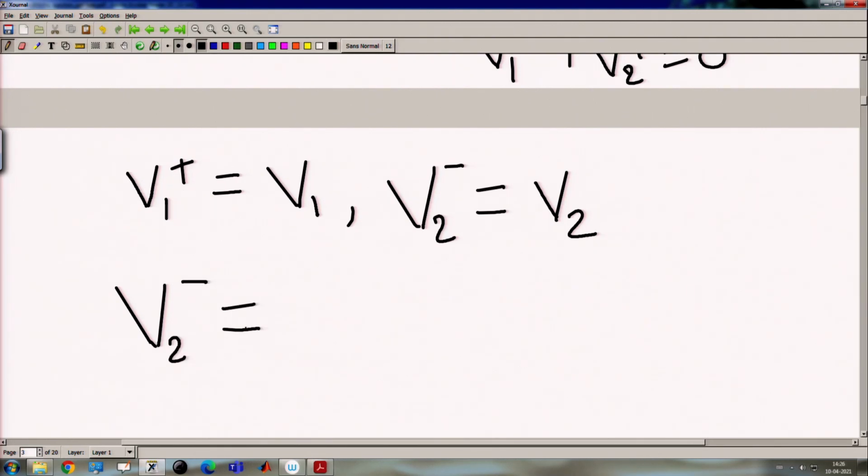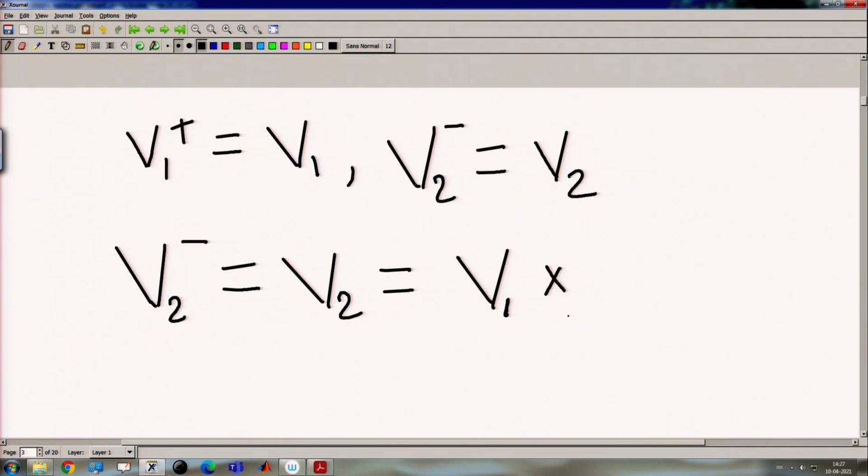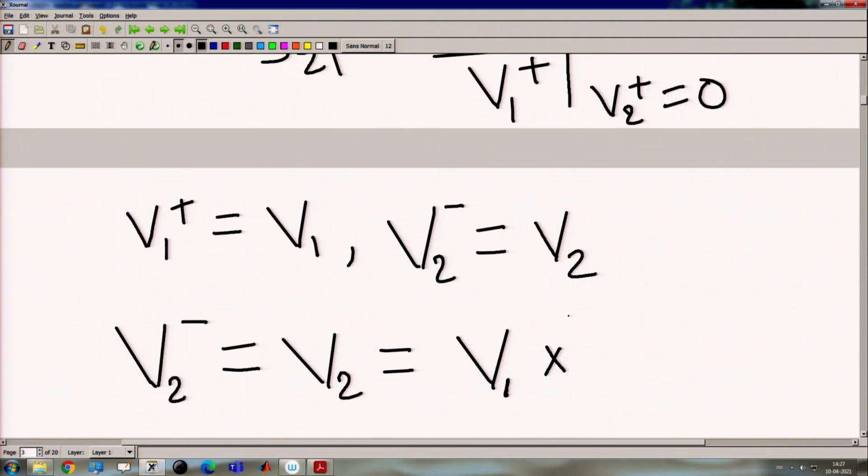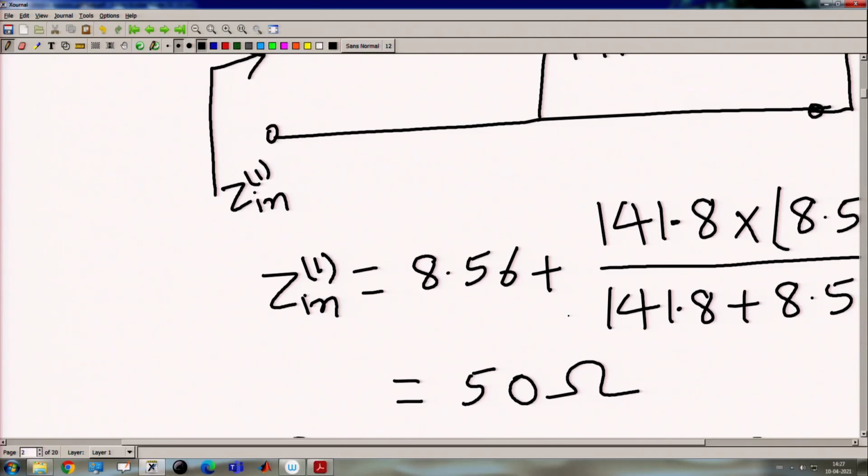so we can use the voltage division rule. V2 equals V1, that is the port 1 voltage, into, so we have already calculated that, 41 plus 44.